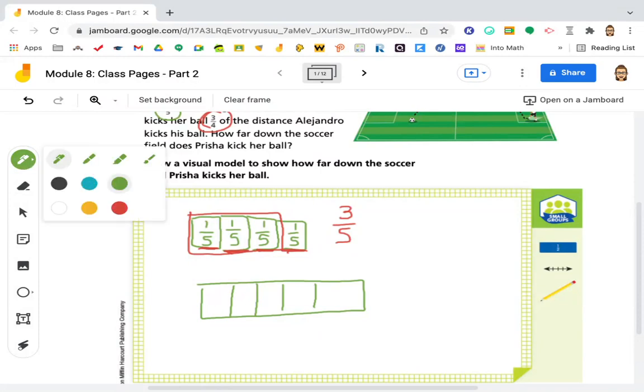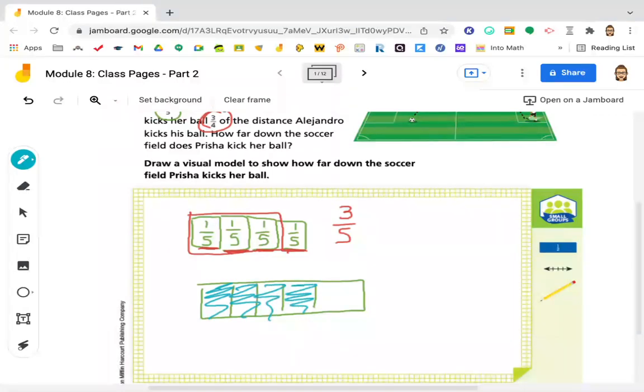Shading in 4/5. 1, 2, 3, 4/5. And then just like we did, we would circle 3 out of those 4, which gives us the 3/5 again. So how far down the soccer field does Prisha kick her ball? 3/5 of the way.